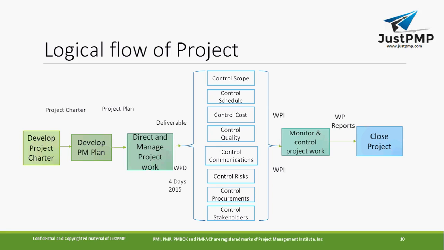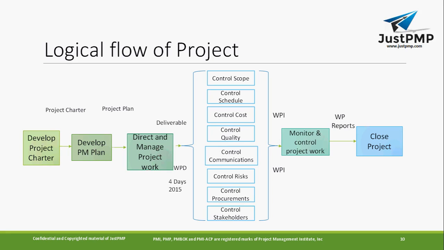You are following the schedule, you are following the cost, meaning the development of a particular activity should not go beyond the cost. Because when you make a project management plan, you divide each activity in such a way that this activity has a duration, and this is the cost we roughly involve. You're also going to check the quality of the particular deliverable, how good or bad, and the communication and risk, same thing.